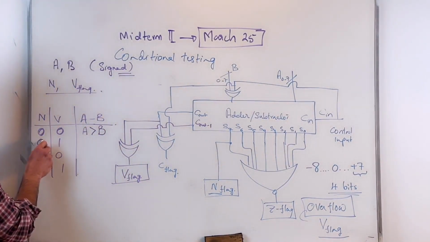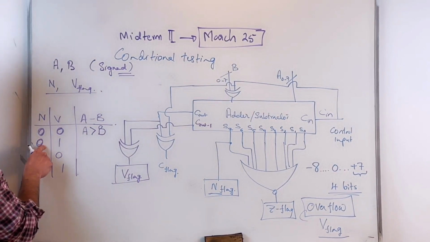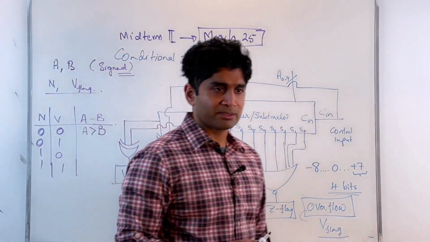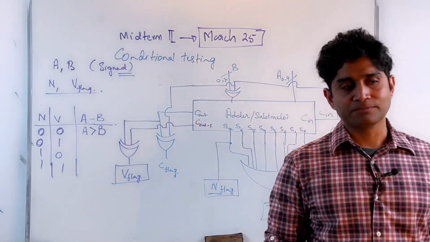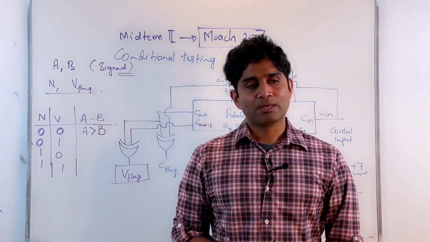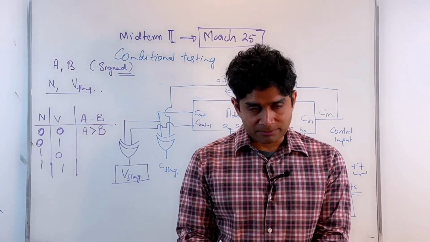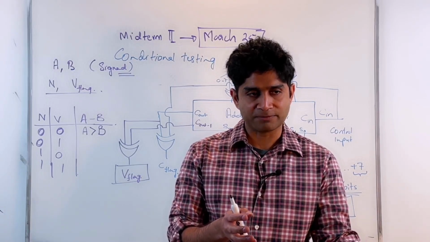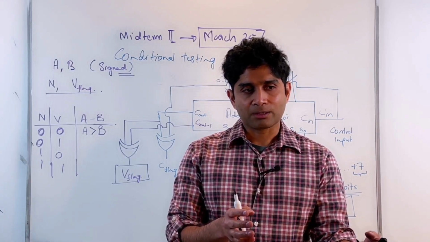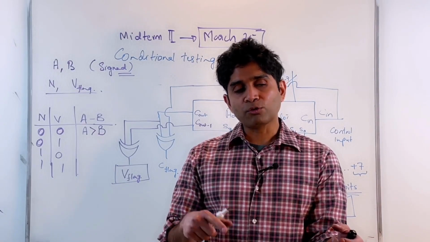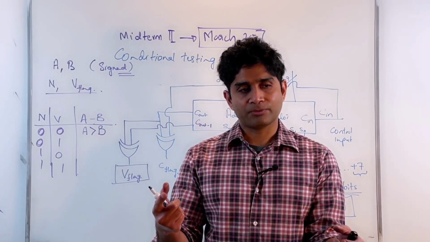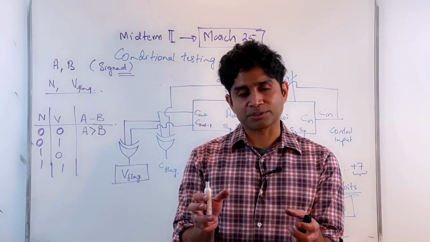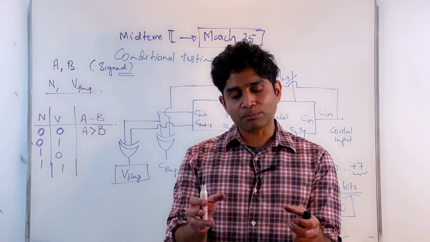What about the situation where the N flag is 0 and the V flag is set? I'm performing the A minus B operation. I get an answer that looks positive because my most significant bit is 0. However, my overflow flag is set, which means that even though the answer looks positive, it really is not a positive answer.